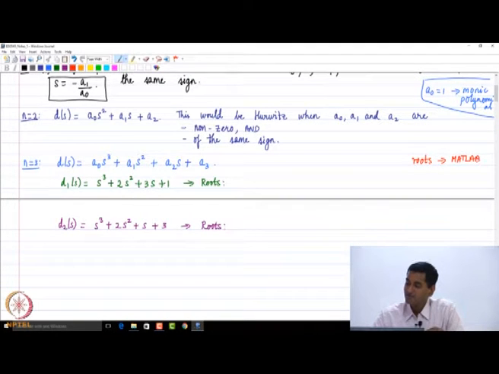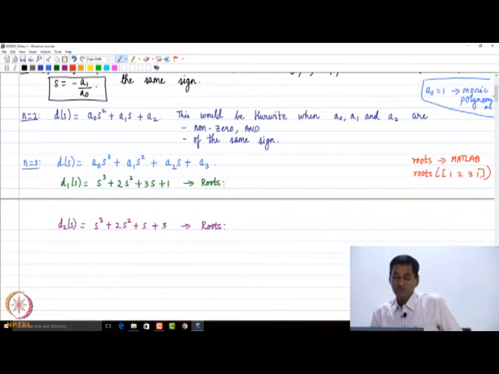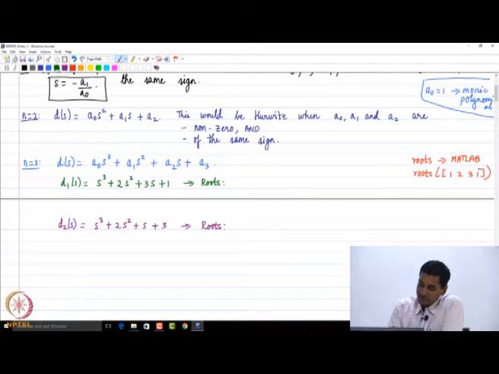So for example, in the command line, if you type roots of 1, 2, 3, 1, you will get the 3 roots of the first polynomial and so on, right? So please get the exact location, but right now I am only looking at the location.